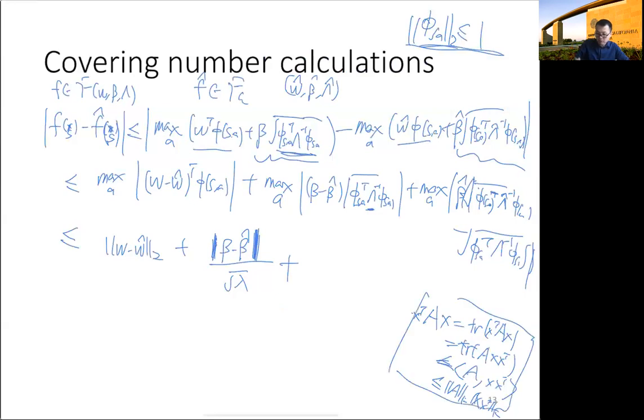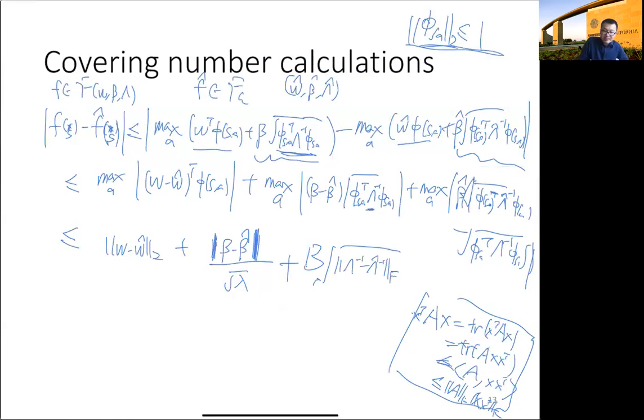By using this argument, you can move these to the other side and group the differences of lambda inverse together, and you get beta times the square root of the Frobenius norm of lambda inverse minus lambda hat inverse.